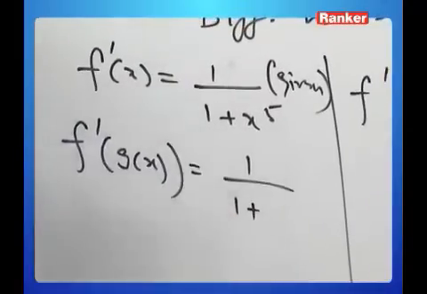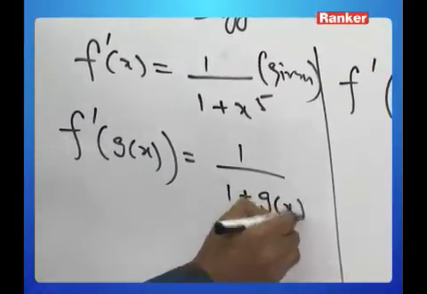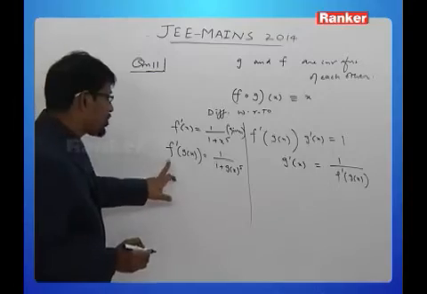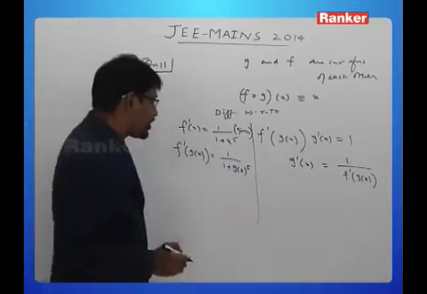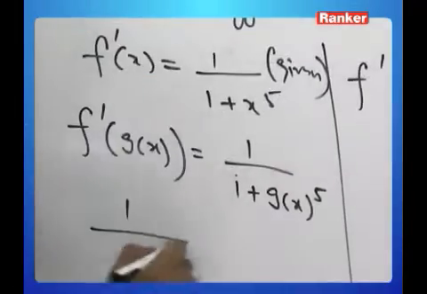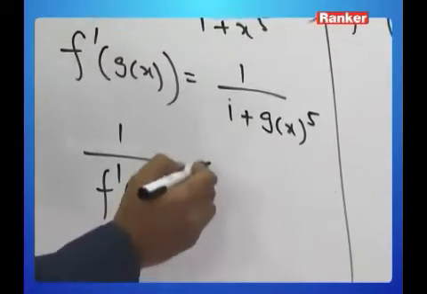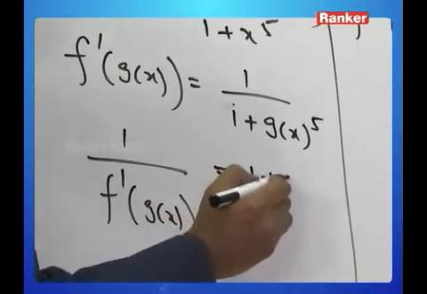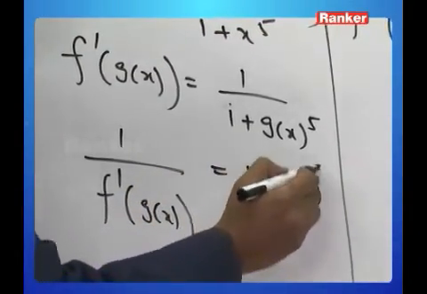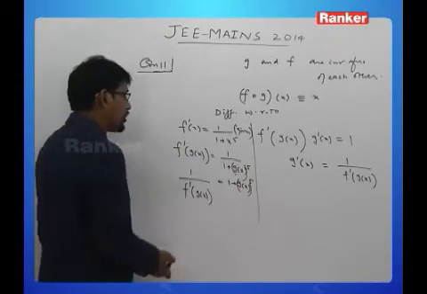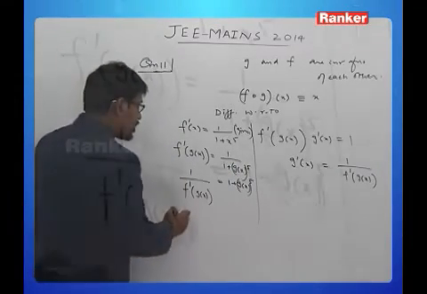So 1 plus g of x power 5. Now this is the reciprocal of that. So what is 1 by f dash of g of x? Obviously the reciprocal of this, and that is equal to 1 plus g of x raised to the power 5. And that is our g dash of x.